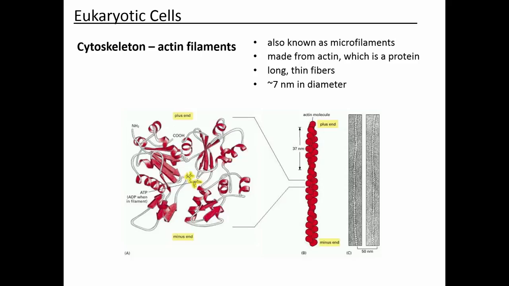They can also be present as a bundle of filaments, and then they can also be present as a meshwork of filaments. We'll talk about one structure that has a bundle of microfilaments, and then another structure that contains a meshwork of microfilaments.